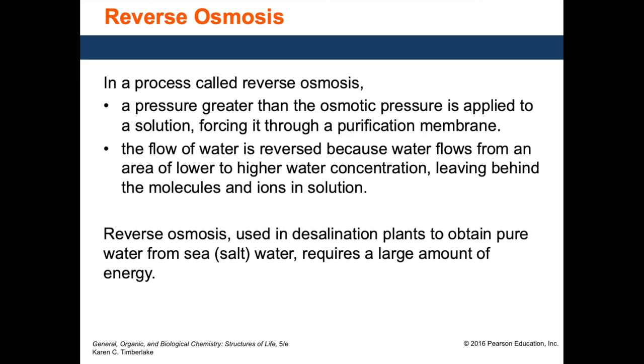Now, of course, this is very energy intensive. It's definitely not easy. So you want to make sure you have no other options. But that being said, this is one way you can get fresh water out of seawater.